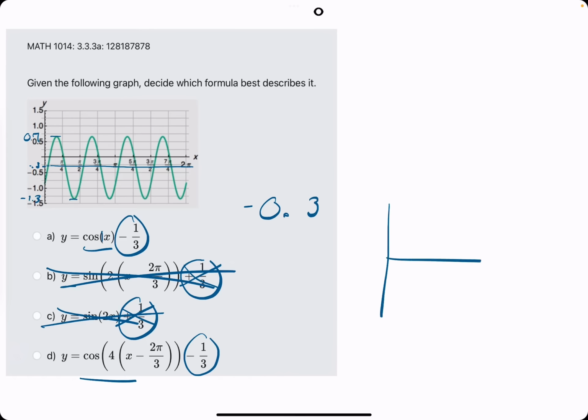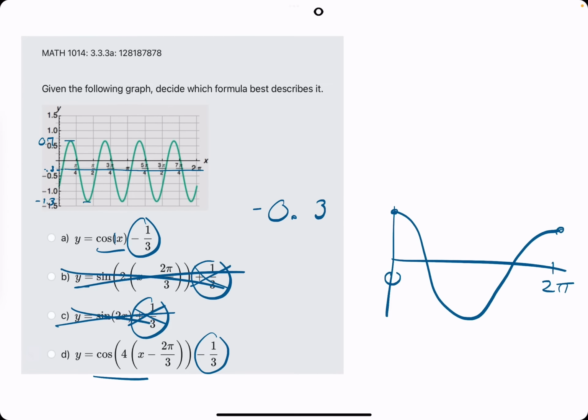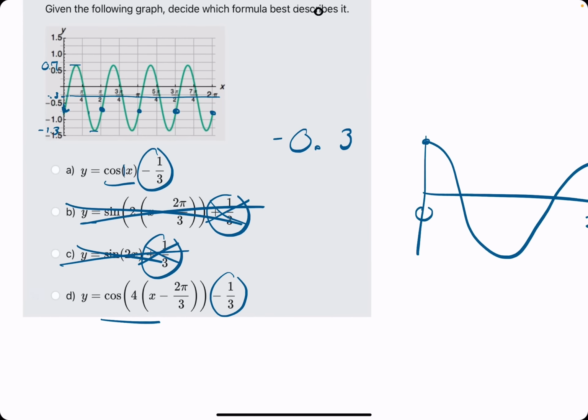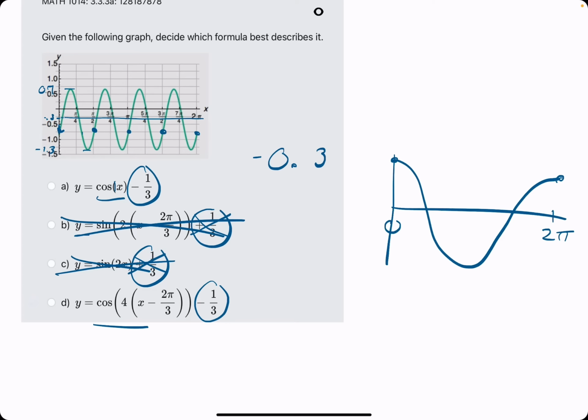The original cosine period is 2 pi. It takes 0 to 2 pi to complete one full rotation. But if you look at this graph, we're going from 0 to 2 pi, and it's completing, let's see, 1, 2, 3, almost 4 full cycles or periods, right?